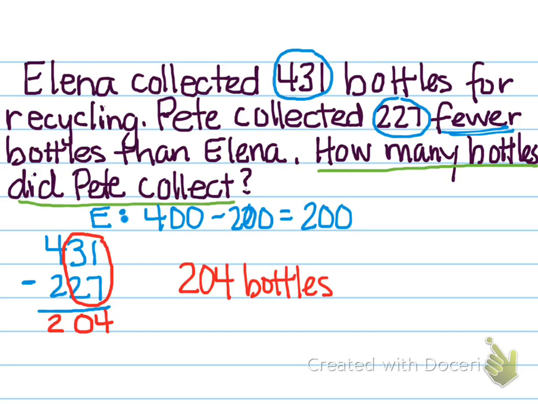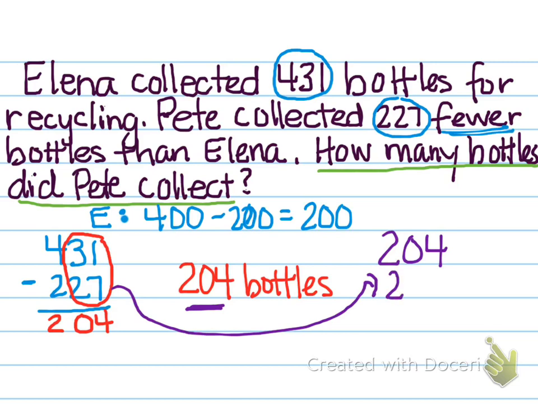Okay? Now, if you wanted to check this, go ahead and take the 204, that was your answer. I should say difference. I should really use those math terms. Take the 204, add it with the 227 that was less, and put those together.